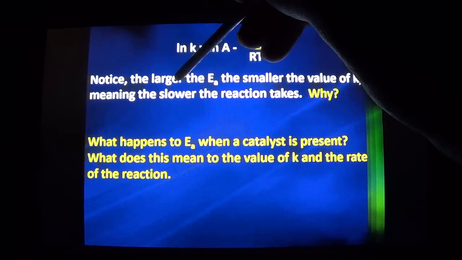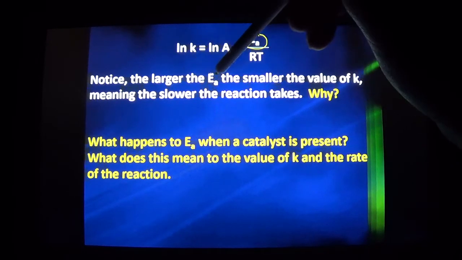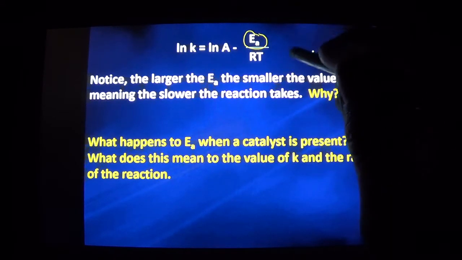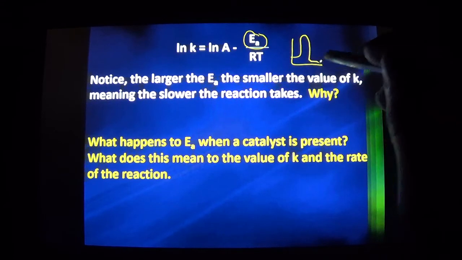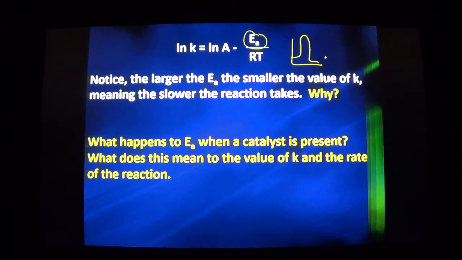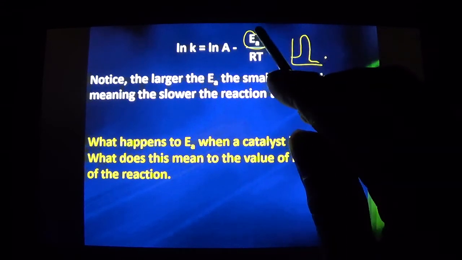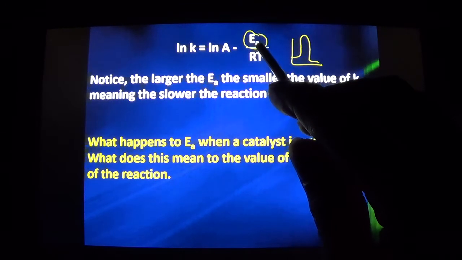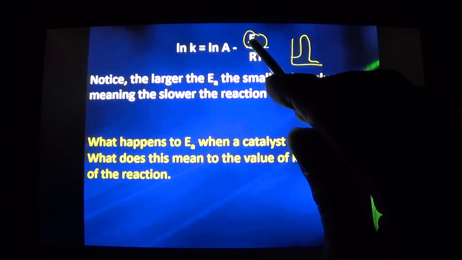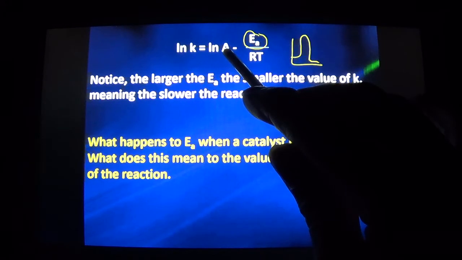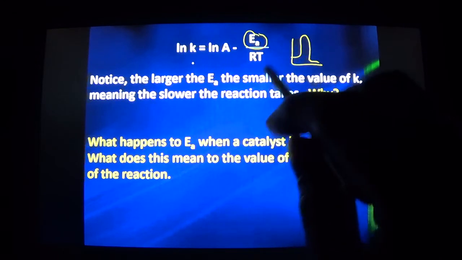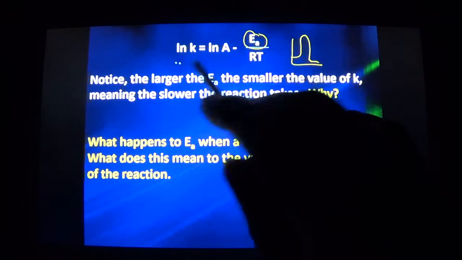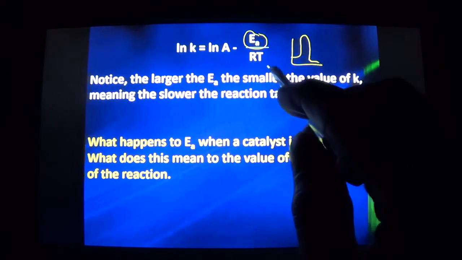If the Ea is larger, if it needs more energy to activate, if that hill in our diagram is taller, I'm really exaggerating it, but you get the idea, then why is it going to be a slower reaction? Well, check it out. If this is bigger, we're subtracting more away from this, and k ends up smaller.